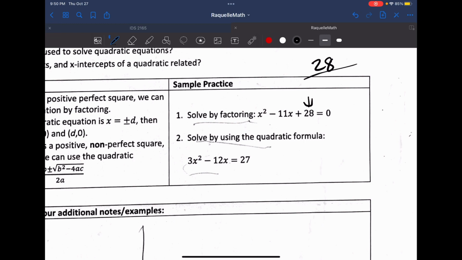Factors of 28 are 1 times 28, 2 and 14, and 4 and 7. So can any of these give us negative 11? Well, yes, one can: 4 and 7. In order for it to be negative 11, though, each of these would have to be negative.